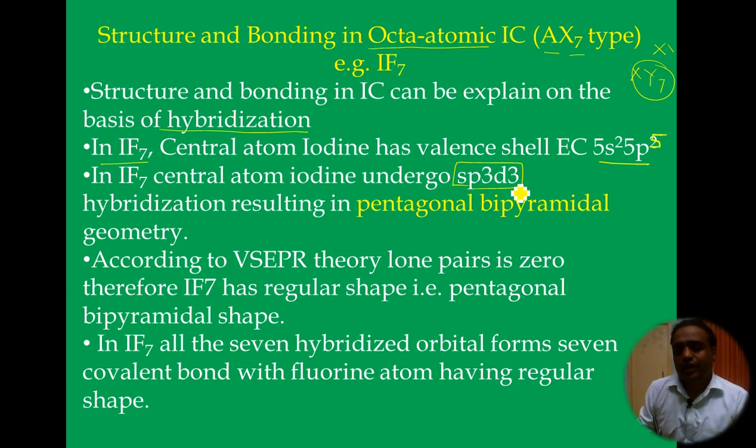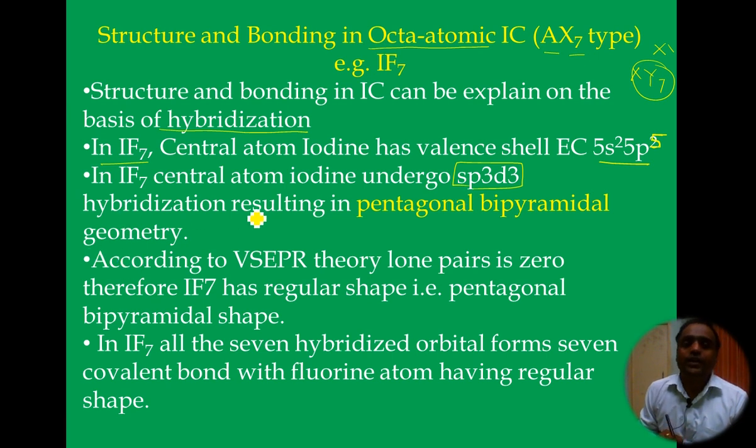Because there are 7 fluorine atoms, so all 7 fluorine atoms have to be accommodated inside the orbitals of this iodine, and for that there are 7 electrons, 2 electrons from s and 5 electrons from p, so these are 7 electrons. So all 7 electrons will get together to form sp3d3 hybridization.